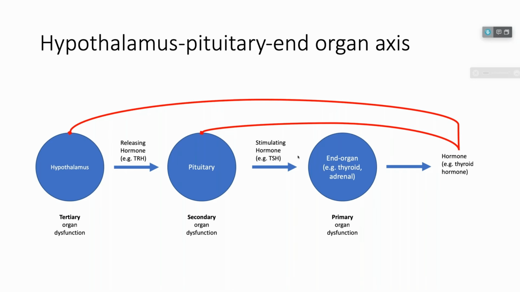Our TSH, would that be elevated? Because you wouldn't have the... Oh, it's interesting. No, not usually. I see what you're saying. Yeah, well, I can't stimulate my pituitary with TRH, but I'm also going to be inhibiting it from the low T3, T4. I think the TRH wins in this case. So if I don't have TRH, I'm not going to stimulate the pituitary. So everything should be decreased.